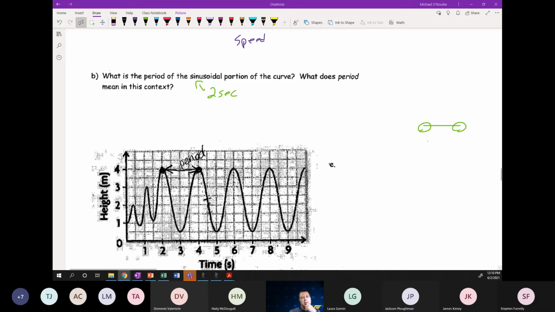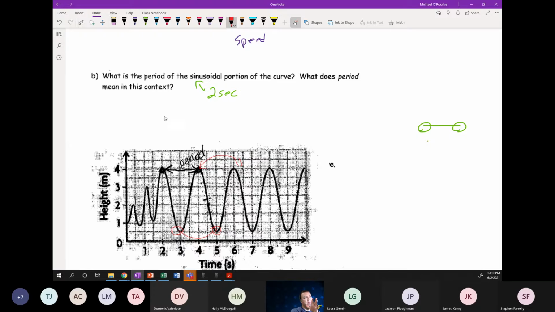Right. So in this case, if you took a look at here, let's do red. That would be the time from hitting the trampoline to hitting the trampoline again, or from here to here would be the time to be at the top of every jump.